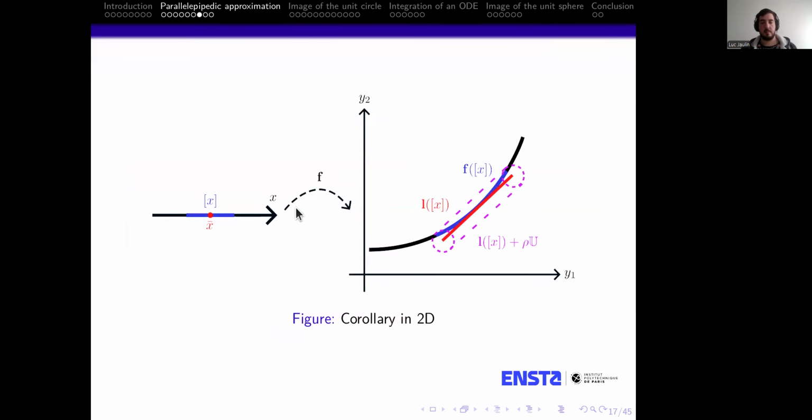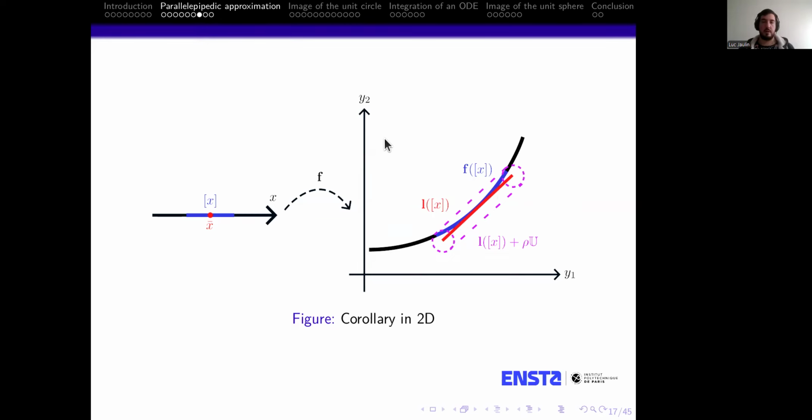Once again, here I still have my box x in blue, and here you see in blue f of this box. I take the center here, x bar, and I have my linear approximation, the red line. The circle that you can see in pink is rho u, a disk of radius rho. The Minkowski sum of these two is the whole area here in pink, and as we can see, the blue curve, the real image, is contained in this set.